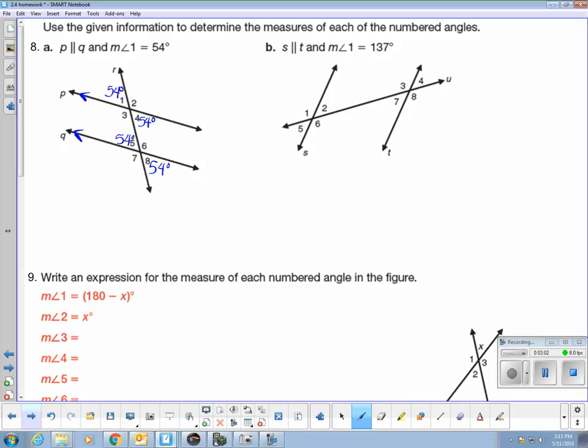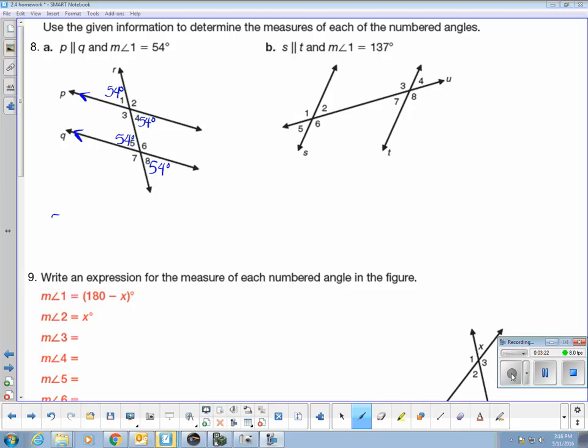Angle 1 and 4 are congruent because they are vertical angles. Angle 5 and 8 are also vertical angles. Angle 2 is supplementary to angle 1. Supplementary angles equal 180 degrees.